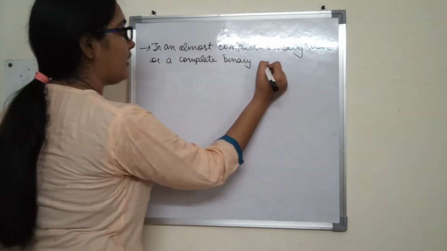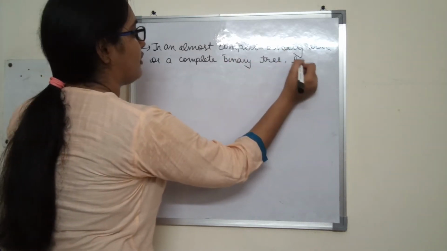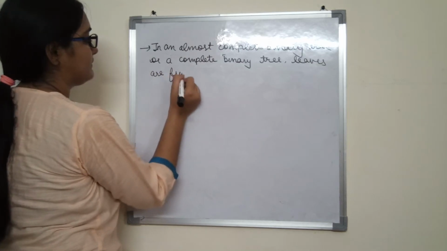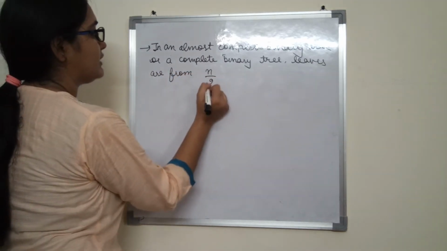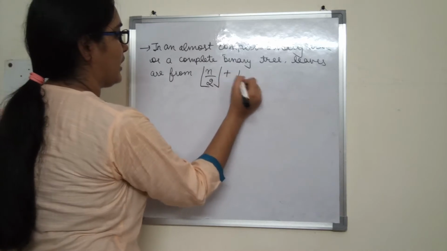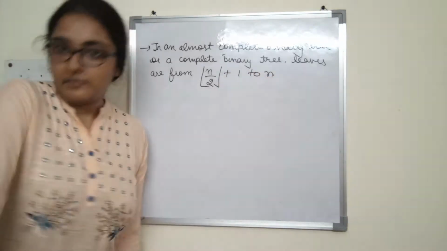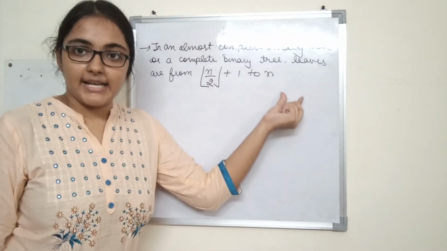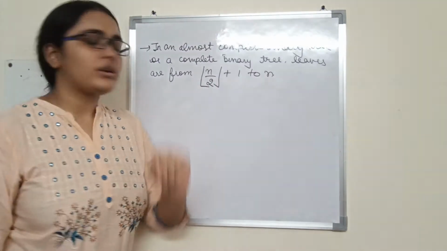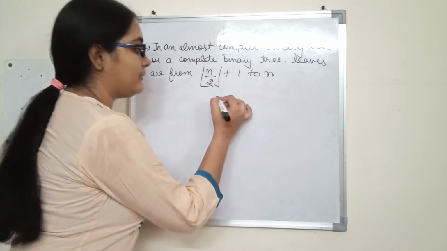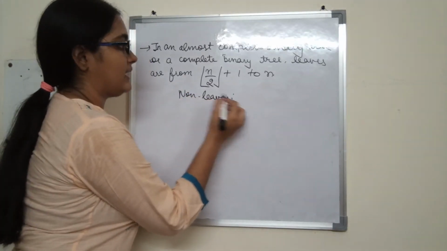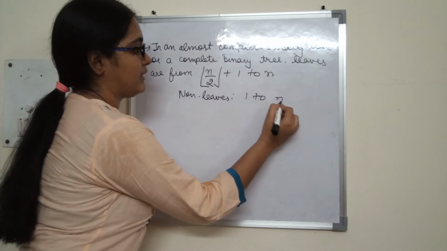A heap. Leaves are from indices n by 2 plus 1 till n. Then what will be the non-leaves? Non-leaves will be from 1 to the remaining, 1, 2, and so on.